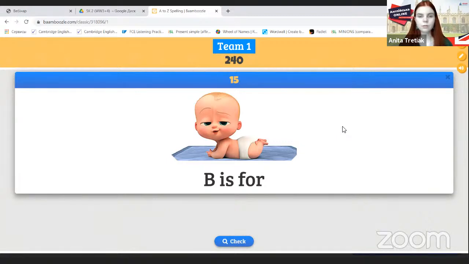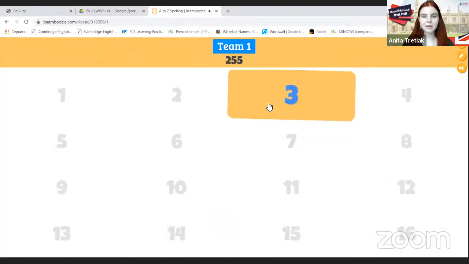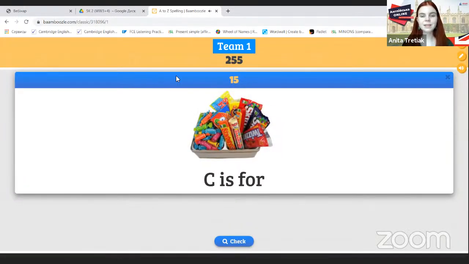B is for baby. That's great. Okay, and one more. C is for candy.